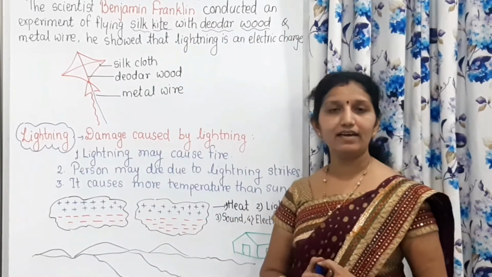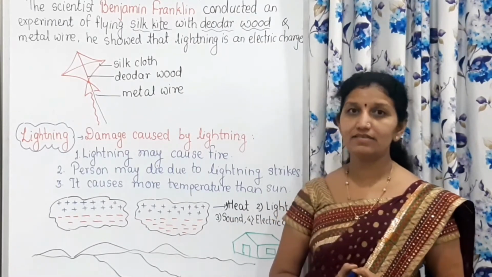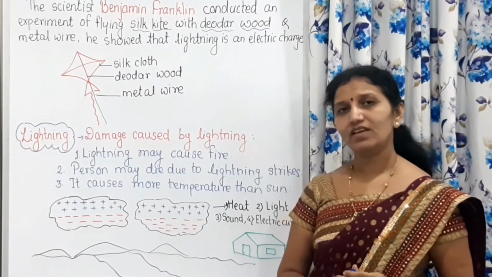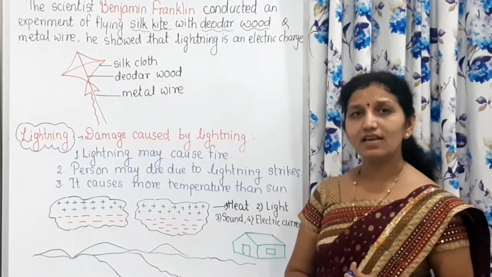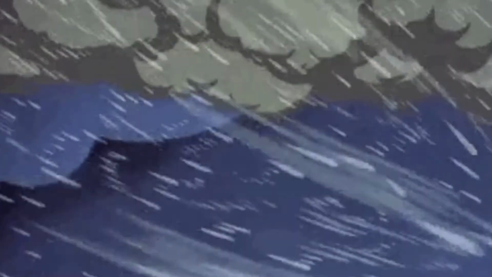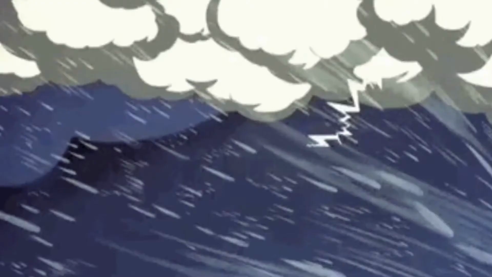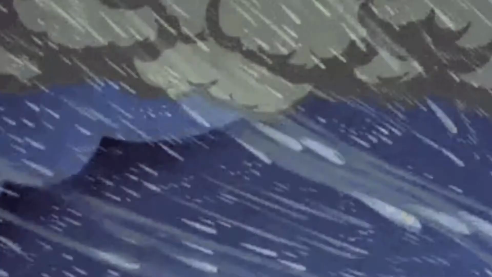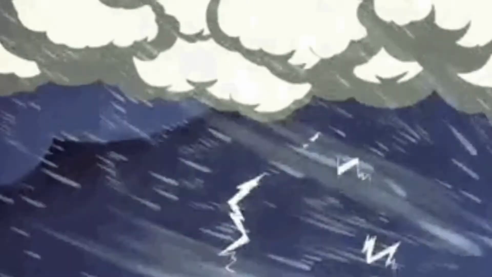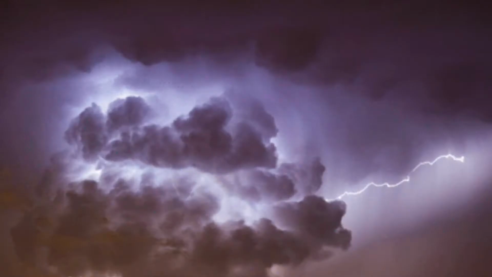Now, this lightning and lightning strikes, this is very complicated science. What happens? Clouds and air rub against each other, and because of that there is a transfer of electric charges. The air becomes positively charged, whereas the clouds have negative charge on them.